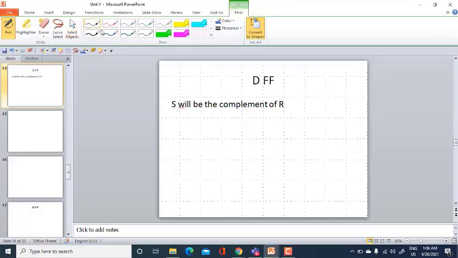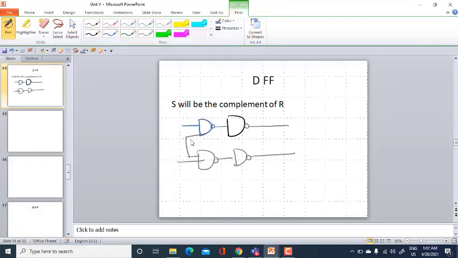Okay. So again the same circuit diagram only. I am going to give this clock, and again this is going to be Q and Q bar. And now what I am going to do is tie this with the help of a NOT gate by using an AND.